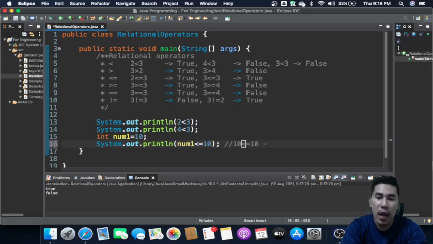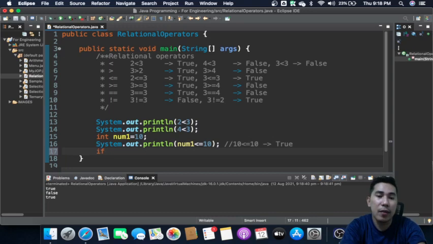So obviously, this actually yields true, because though 10 is not less than 10, 10 is equal to 10, which is the num1 value. So that's basically the idea there.